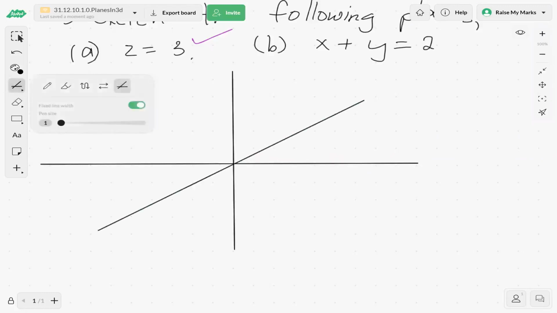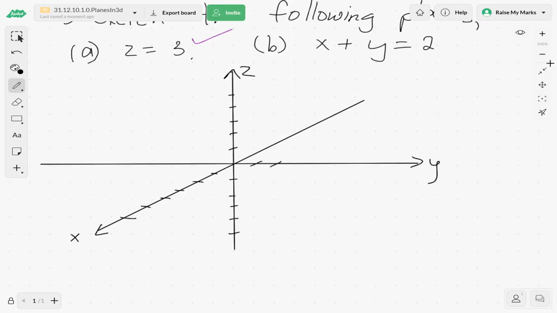Let's do a bit of labeling and put some markers in. Every tick mark is 1 unit in the y direction.